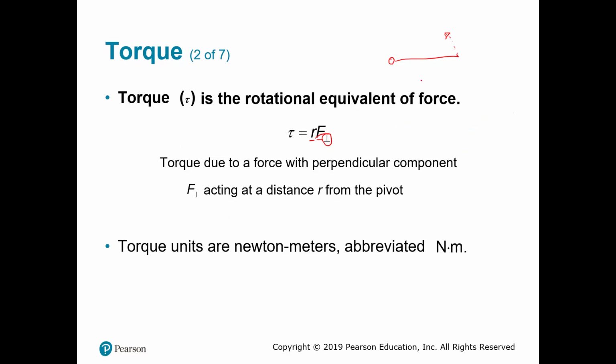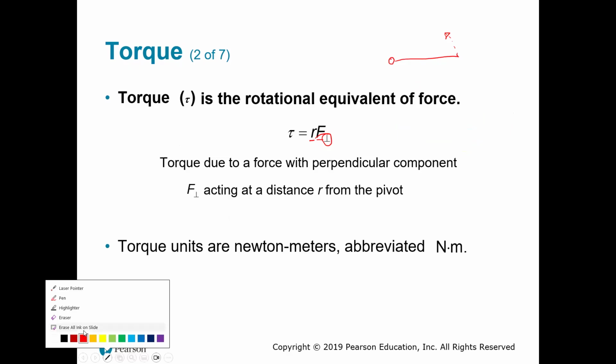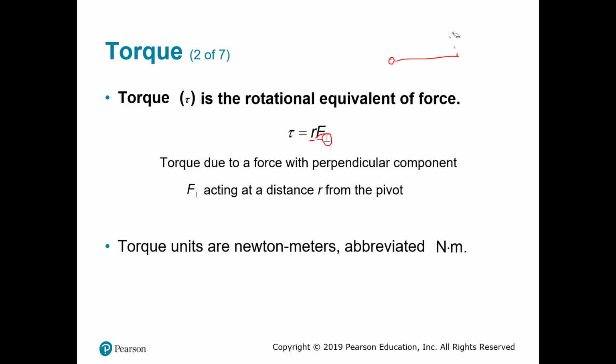And then there are a few options you can do, right? Let's assume you're applying 10 Newtons of force, either here, or 10 Newtons here. So which one is easier to rotate?